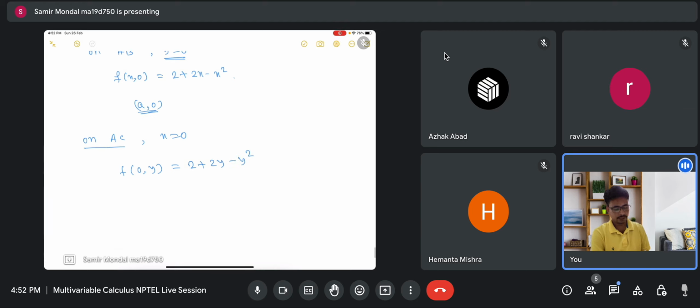From here also you will get some b, and at that time your point will be 0 comma b. Check the extremum. Check the extreme value for this case also.